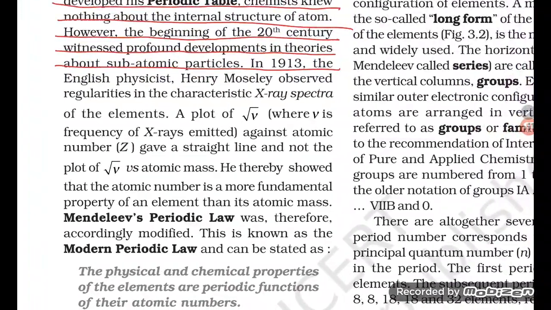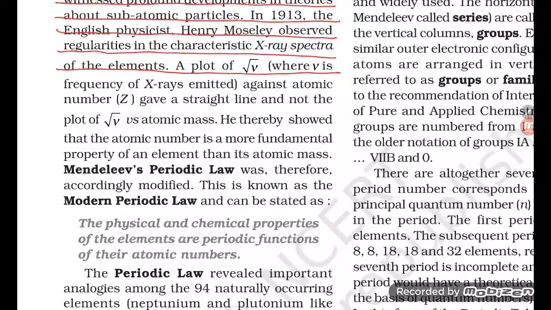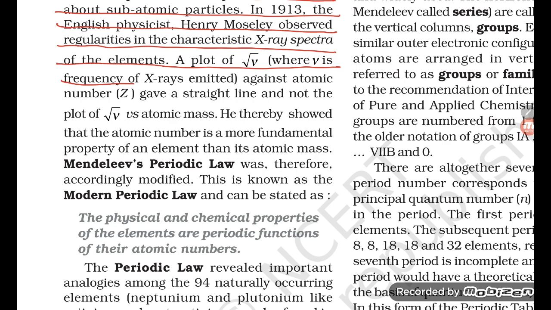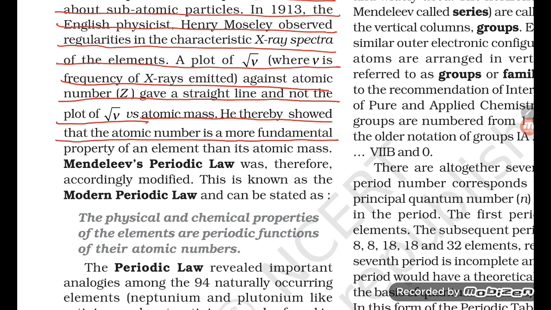In 1913, the English physicist Henry Moseley observed regularities in the characteristic X-ray spectra of the elements. A plot of the square root of the frequency of the X-rays emitted against the atomic number Z gave a straight line, and not the plot against atomic mass.